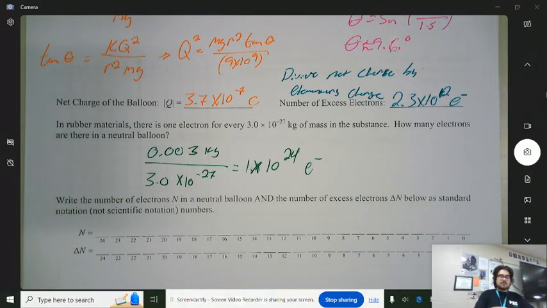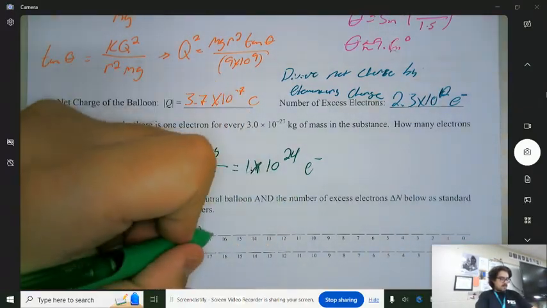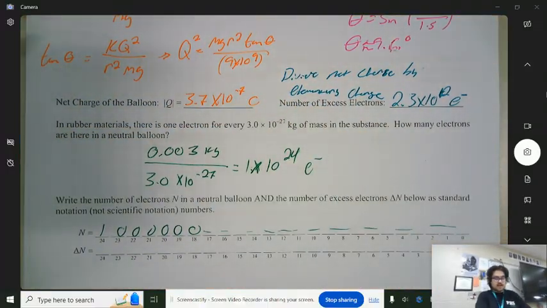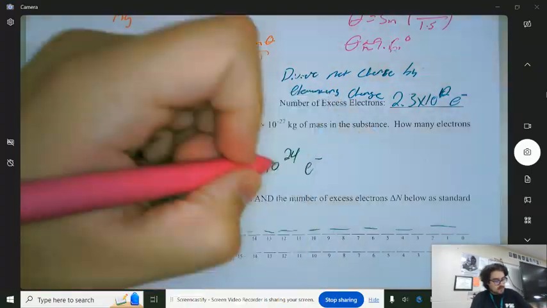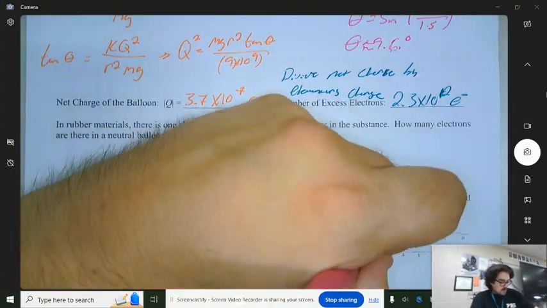To put that comparatively, the number of electrons in a neutral balloon is this much. You draw those zeros all the way out there. The number of excess electrons that we had in the initial example is approximately this much right here, and you would go on and on.